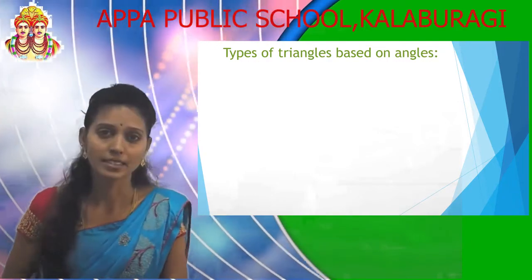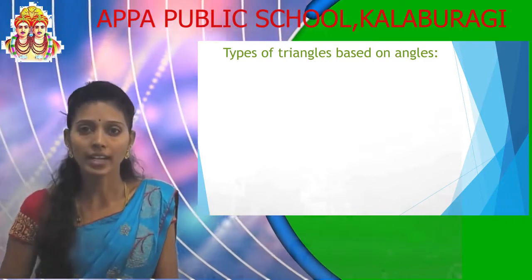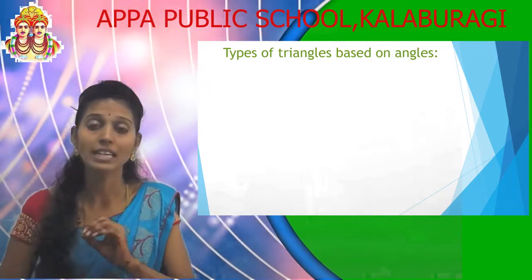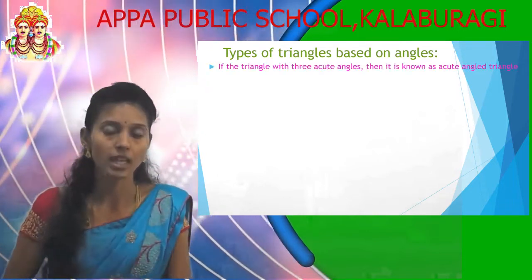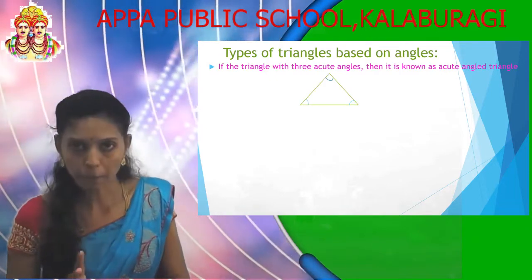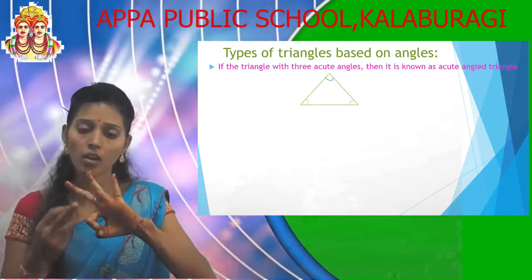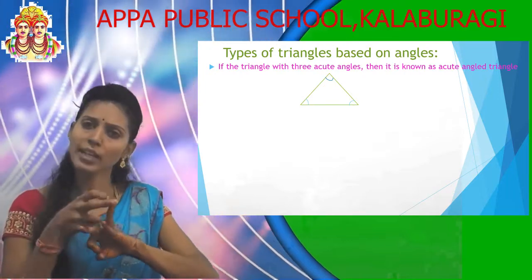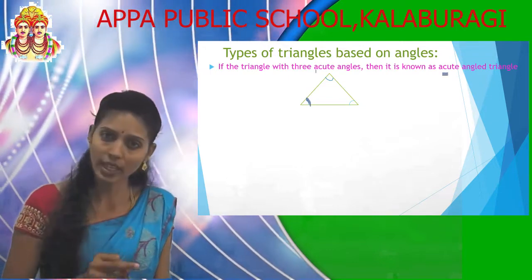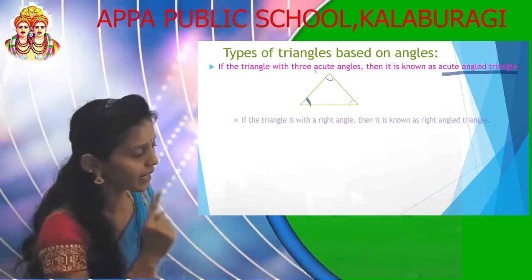Then based on angles. See, we can't draw a triangle with 2 right angles or 2 obtuse angles. It is highly impossible. So 2 angles will be acute only. A triangle has 3 angles, and among these three, two will be acute only. The remaining one, if that is also acute, then the triangle is known as an acute angled triangle.